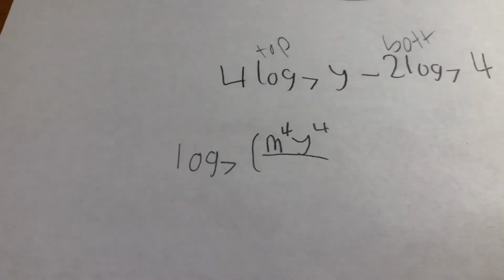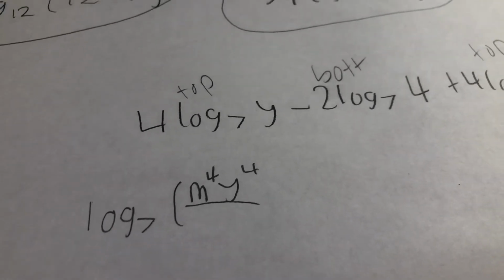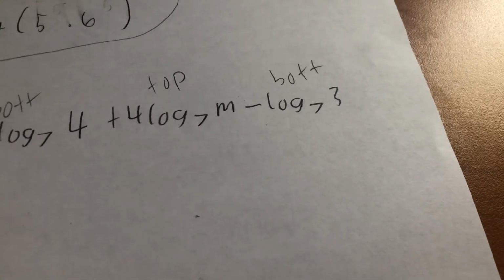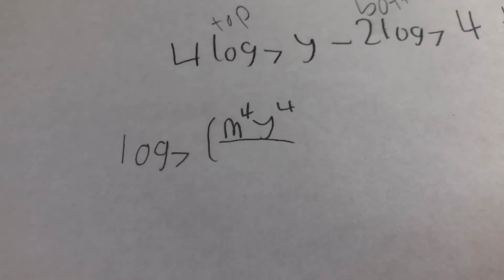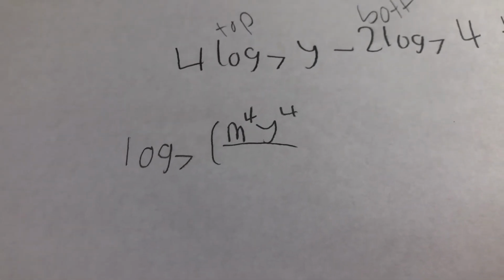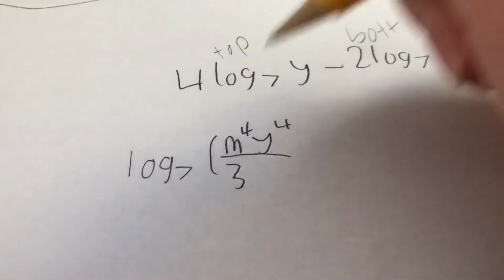Now moving on to the bottom, we can see that we have 2 log with the base of 7 and then 4. And over here we have log with the base of 7 and then 3. Because 3 comes before 4, we are going to start off with the 3.